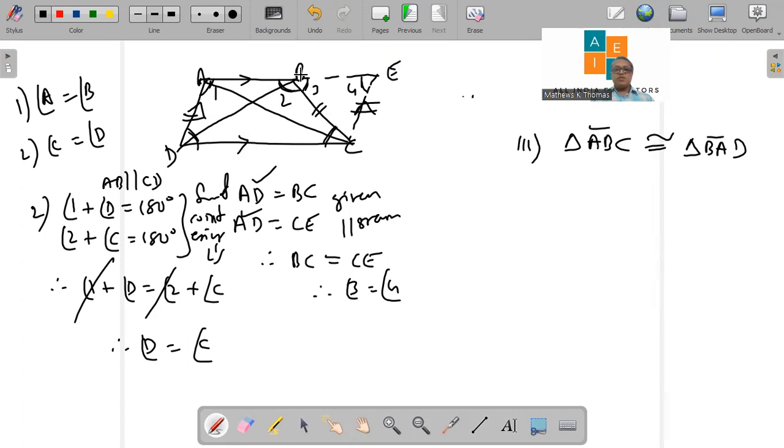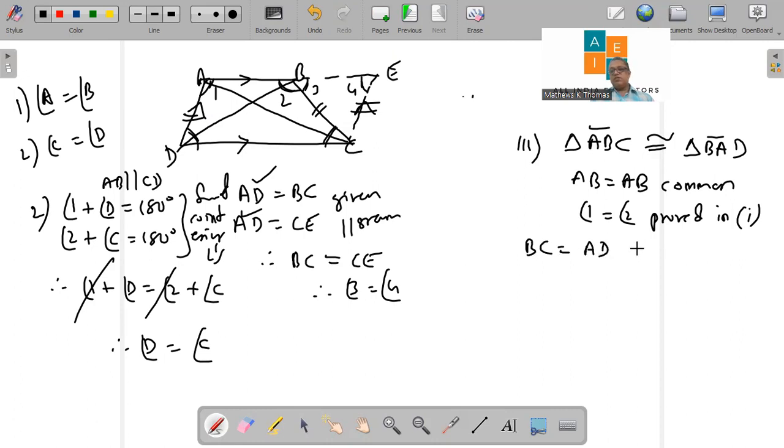Whether you take ABC or BAD, AB is common. We have already proved angle 1 equal to 2 in the first part. AD is equal to BC was already given to us. BC and AD are equal, given.